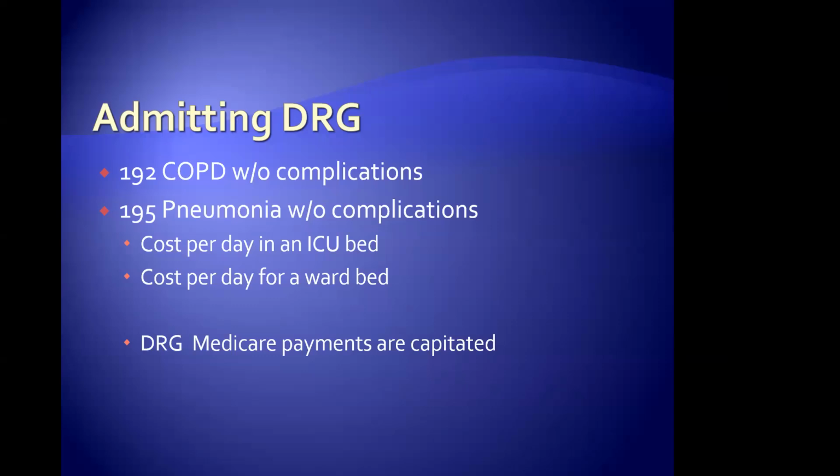What is your cost per day for an ICU bed? What is your cost per day for a floor bed, a ward bed? There's a difference. It's more in the ICU because nursing services in the ICU are 2 patients per nurse, whereas on a floor it could be 5 patients per nurse.